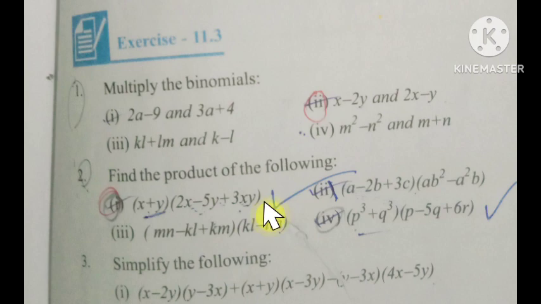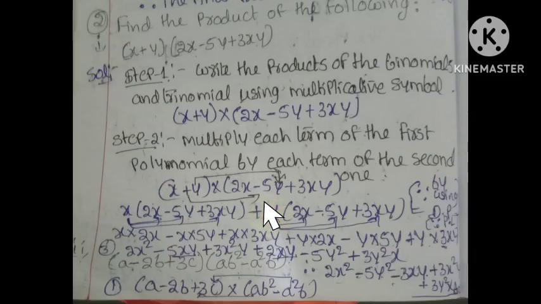Here, one is a binomial, one is a trinomial. Product of these two terms. How much will we get as the product? A binomial and a trinomial are given.